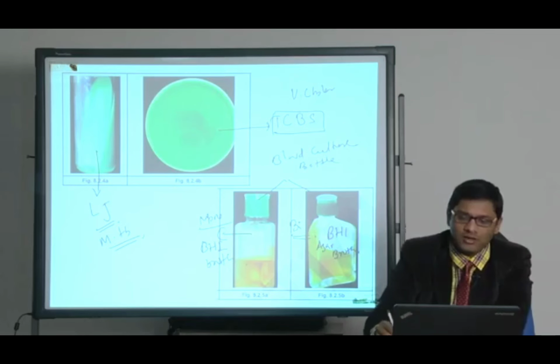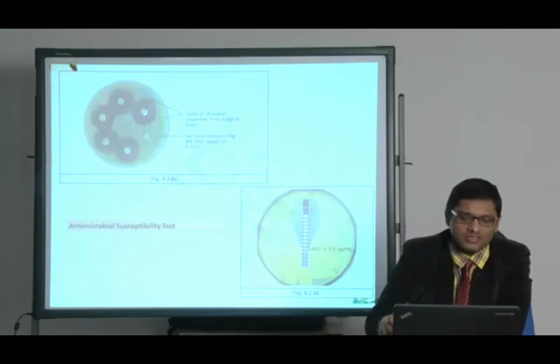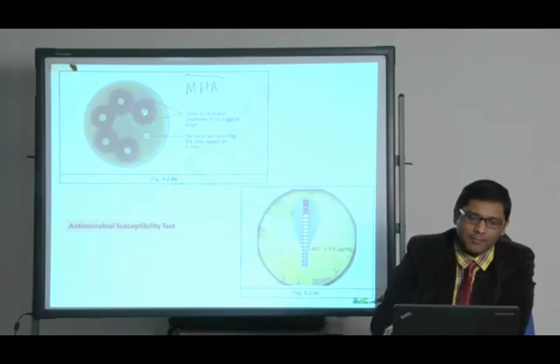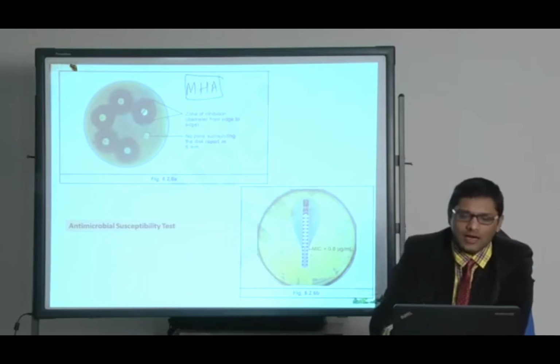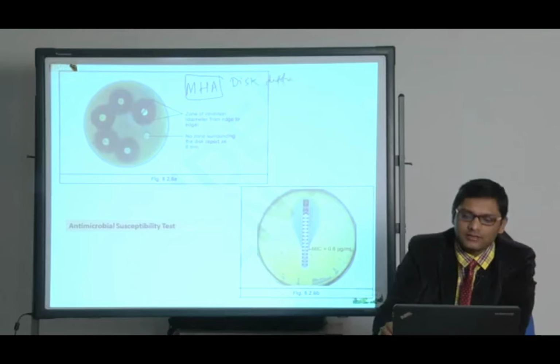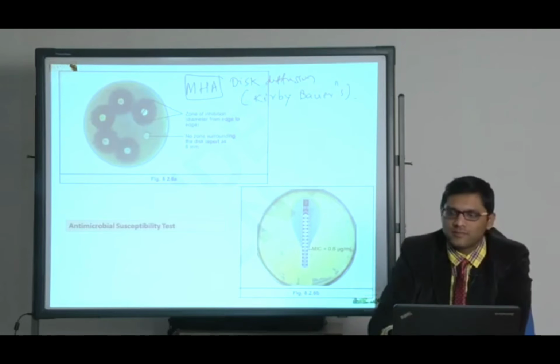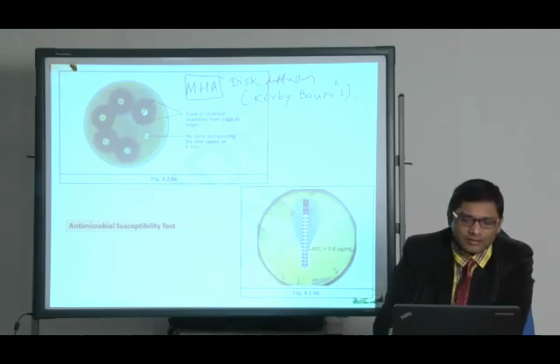Okay, so blood culture bottle, this is used for culture of blood sample. This is antibiotic susceptibility test. This medium is called Mueller-Hinton agar, MHA, and this particular method is called disc diffusion test. Kirby-Bauer disc diffusion test, and in this test first you will be doing a lawn culture of the organism.